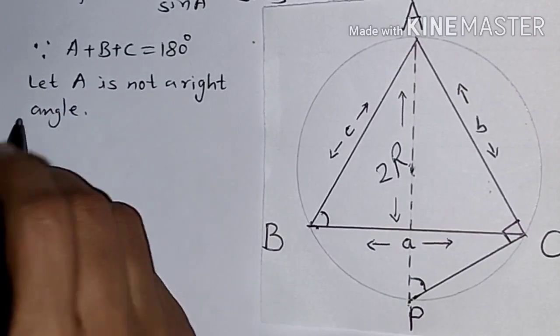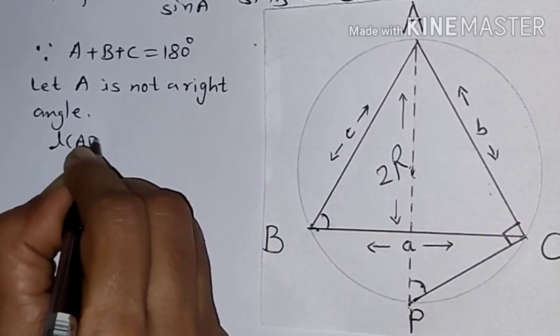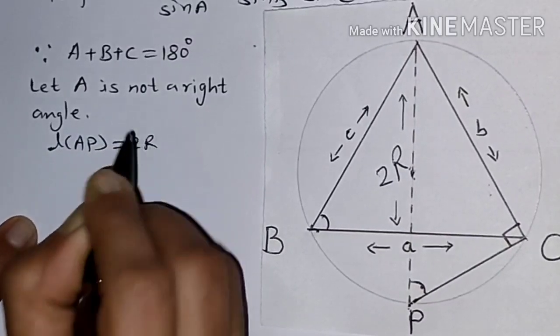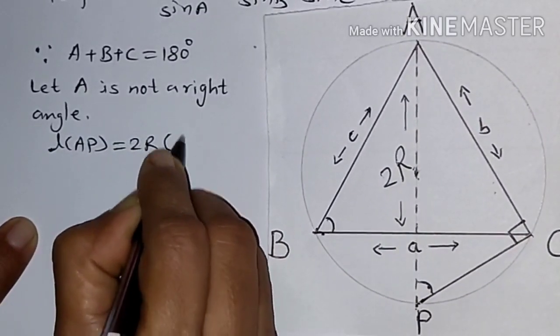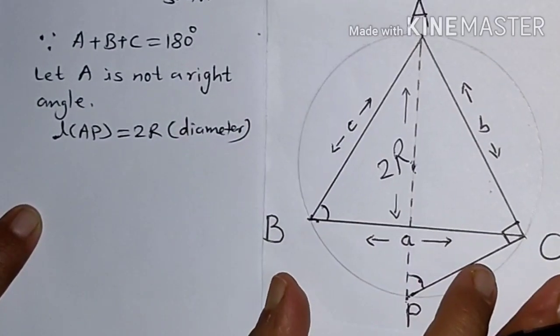Length AP is equal to 2R. This is the diameter of the circumcircle.